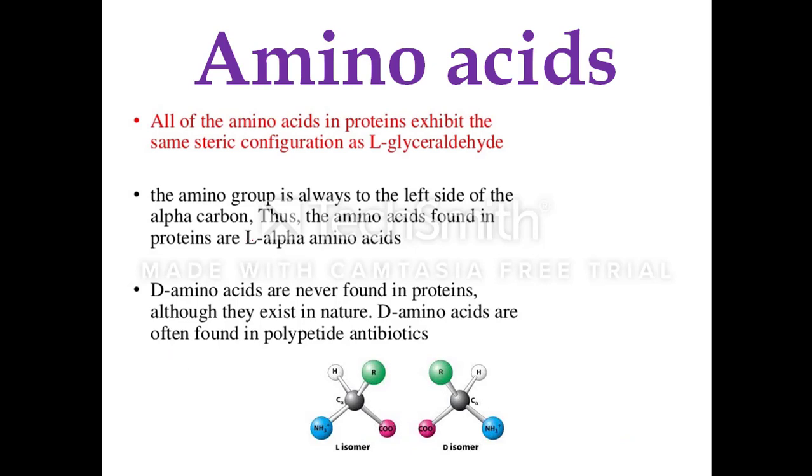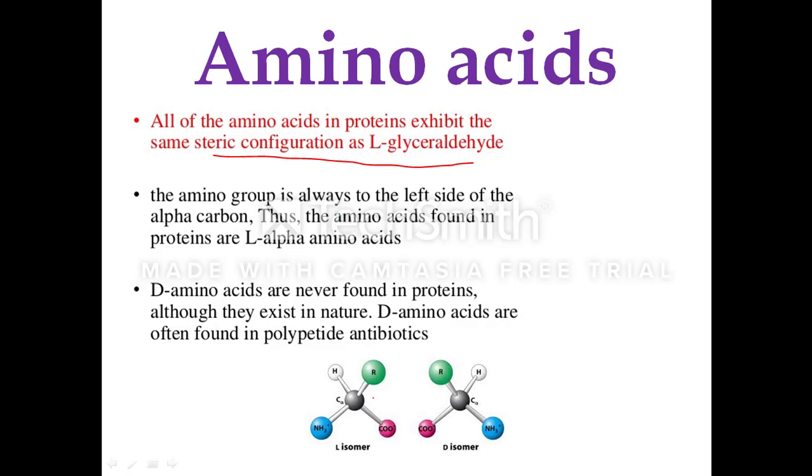Next, all amino acids in proteins exhibit the steric configuration of L-glyceraldehyde. That means the amino acids we find in nature are all L amino acids, which are abundant in proteins.